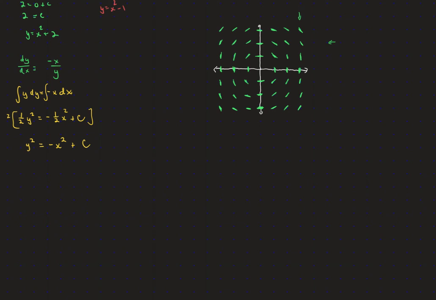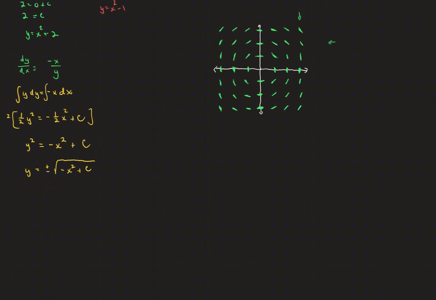Now here we can square root both sides, and we will correctly note that it could be either a positive or a negative square root of negative x squared plus c. Now what we get here, it cannot be both of these positive or negatives, but at this point in time we don't know until we get more information like an initial condition.